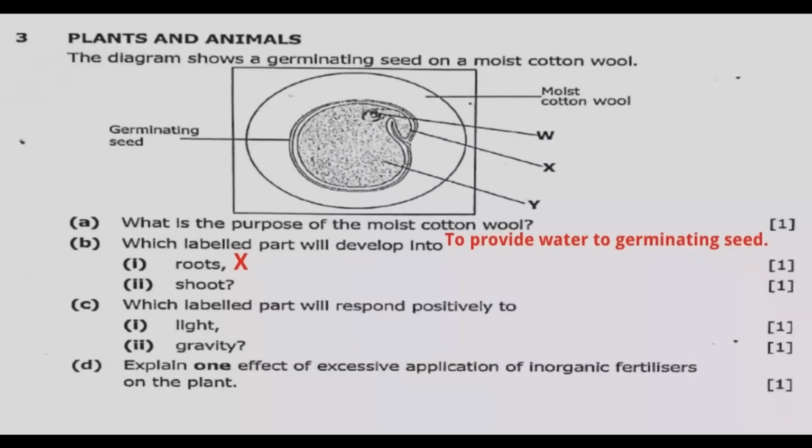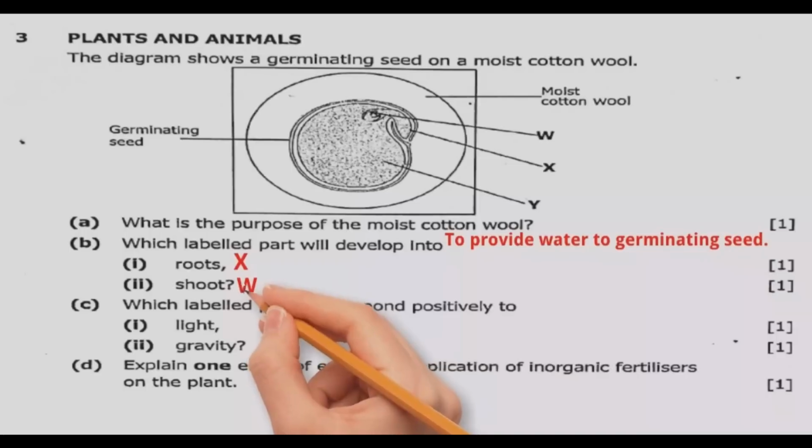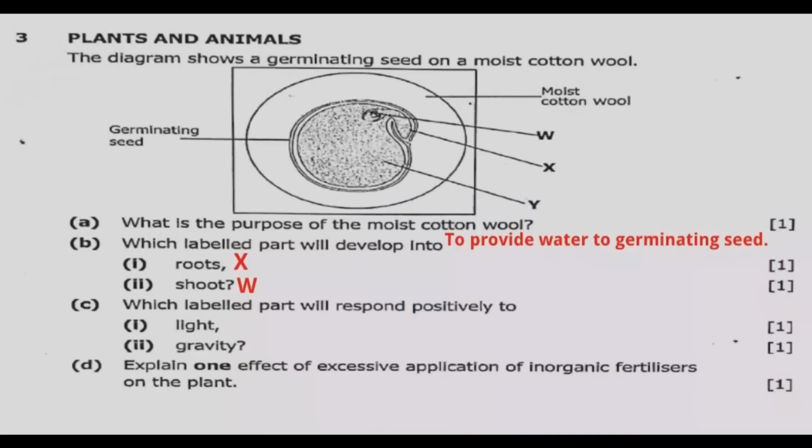That is part W. Question 3C is, which labeled part will respond positively to 1, light? The shoot part, which is W, will respond to light positively. C2, which one will respond positively to gravity? Part X will respond positively to gravity.